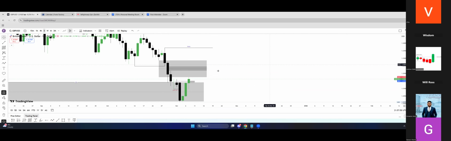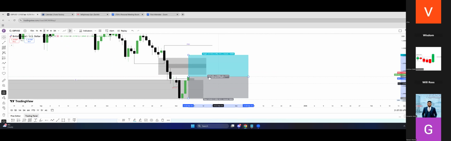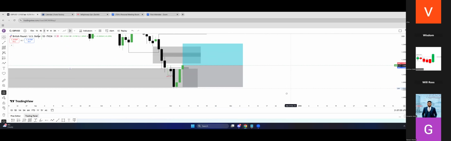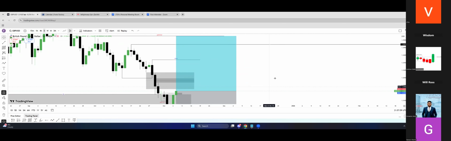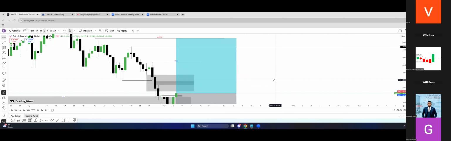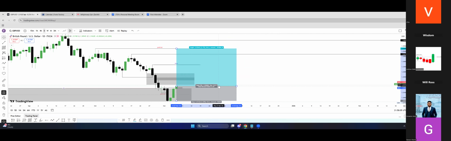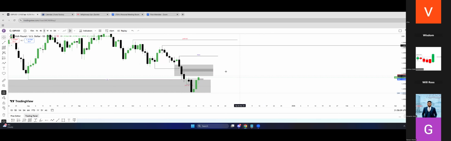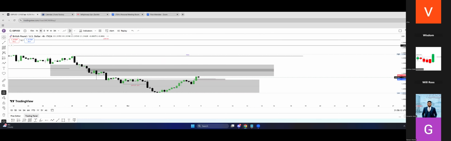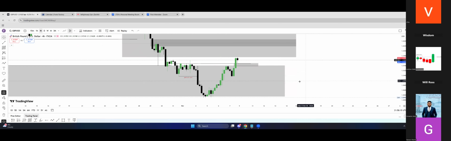You cannot just take a trade from here, for example, and just say, oh yeah, my TP is here, because you don't know. It's stopped out. You don't know. You follow the price action daily, day by day, and the way the candle is closing will tell you that price wants to continue going higher or continue going lower.